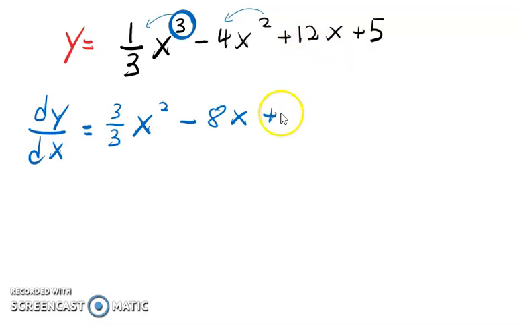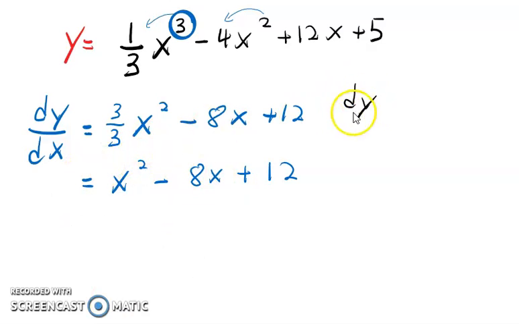Here you have 12, and differentiation of a constant you get 0. So your differentiation will be x squared minus 8x plus 12. Differentiation is equivalent to the gradient.